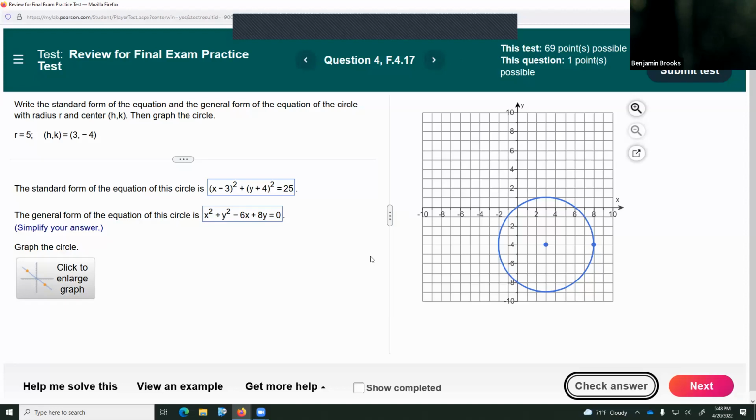The goal is to get you guys through the problem.